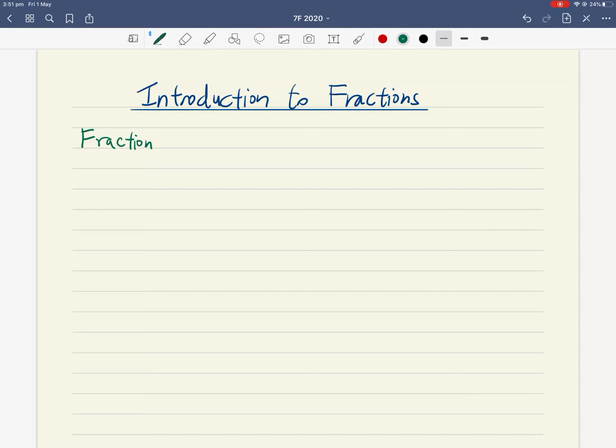So the origins of fraction came from the Latin word spelled Frangre. I'm not sure how to pronounce it because I don't know how to speak Latin. I'm guessing frangere, maybe. So the word fraction comes from this Latin word frangere, which actually means to break into pieces.